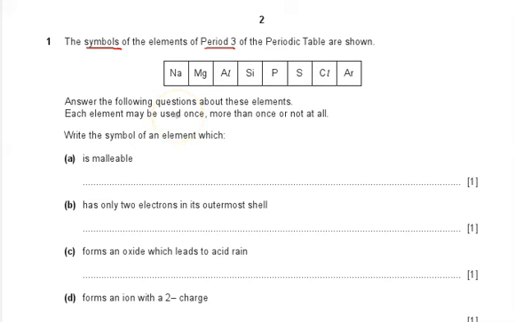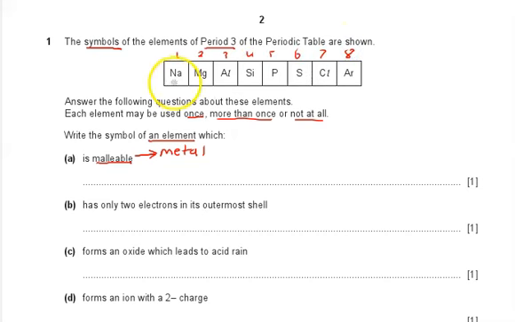about the elements. Each element may be used once, more than once, or not at all. Write the symbol of an element. The first one is malleable. This is a characteristic of metals. If you look here, this is group 1, 2, 3, 4, 5, 6, 7 and 8.